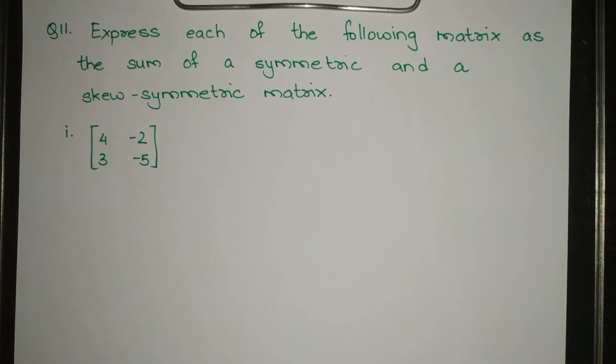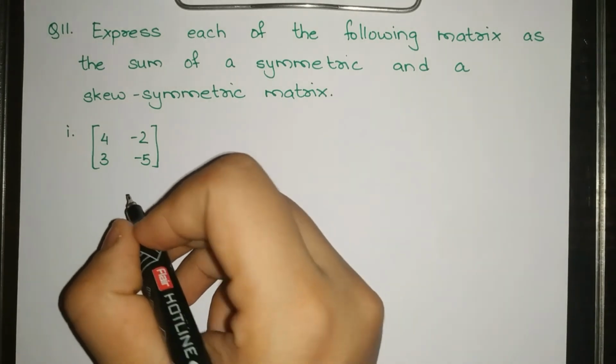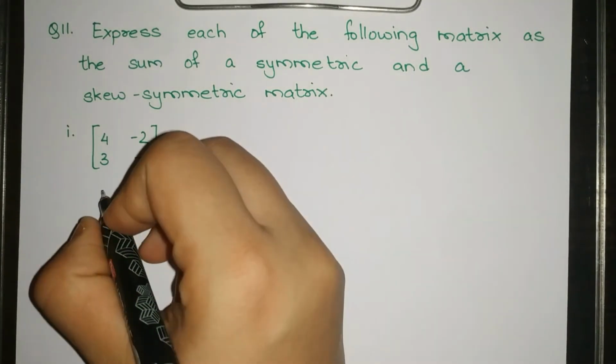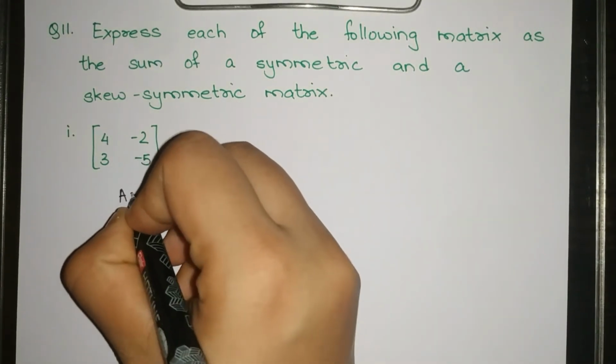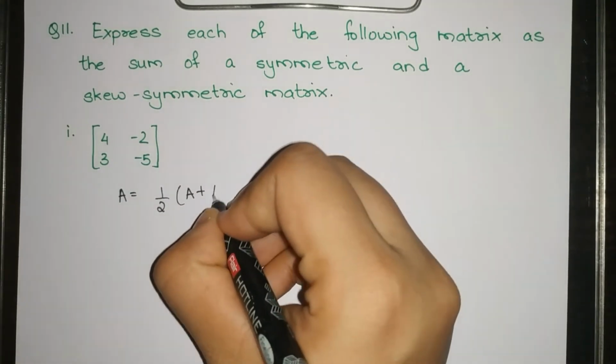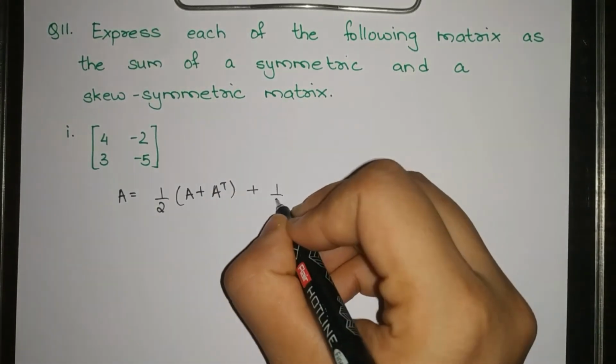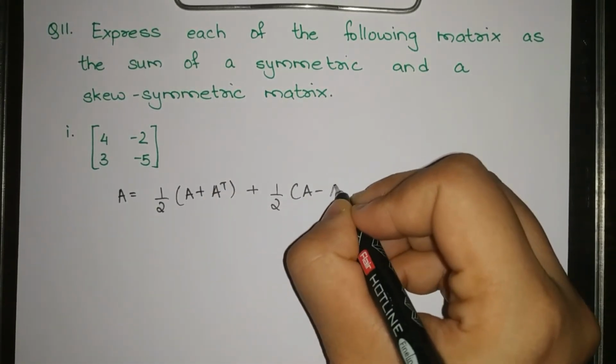In the 11th question, we have to express the following matrix as the sum of a symmetric and a skew symmetric matrix. तो हमने पिछले वीडियो में सीखा था कि अगर एक मैट्रिक्स को एक सिमेट्रिक और स्क्यू सिमेट्रिक मैट्रिक्स के सम के जैसे रिप्रेजेंट करना है, तो हम वो कर सकते हैं by writing it as half into A plus A transpose, and this is always symmetric. Okay, plus half into A minus A transpose.